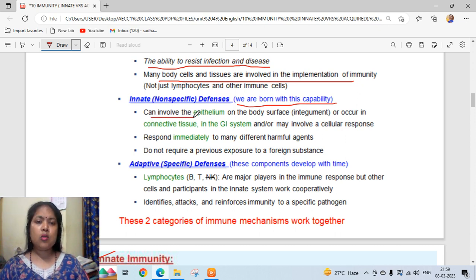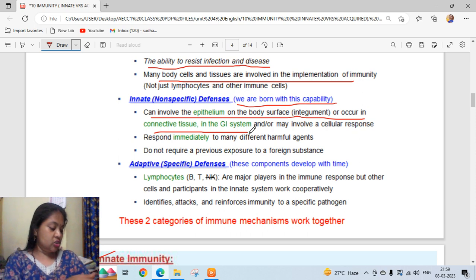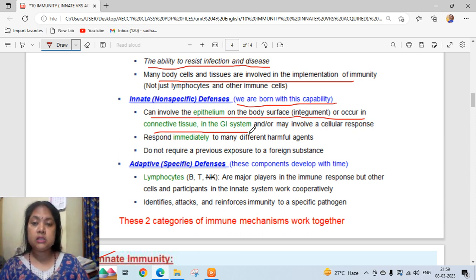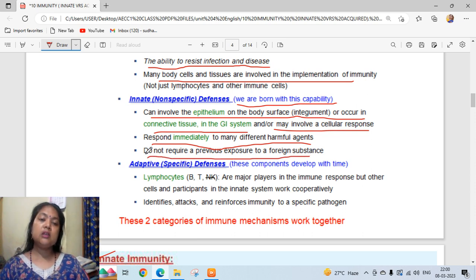It can involve the epithelium on the body surface or occur in connective tissue in the GI system, or may involve a cellular response. It responds immediately to many different harmful agents and does not require a previous exposure to a foreign substance. These are the basic features of innate or non-specific defenses.